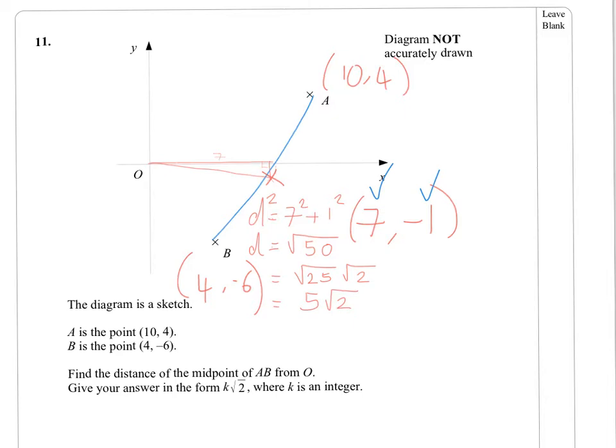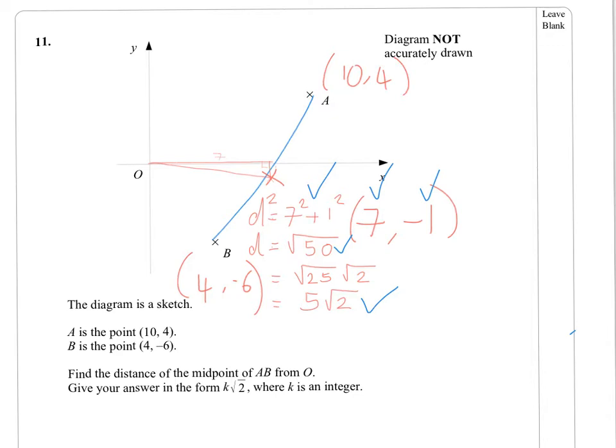You get a mark for expressing your problem using Pythagoras. You get a mark for giving the distance as root 50, and your final mark for then simplifying that to give you 5 root 2. So 5 marks available in total.